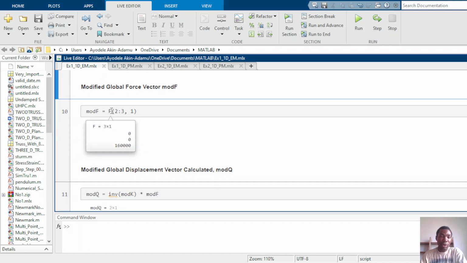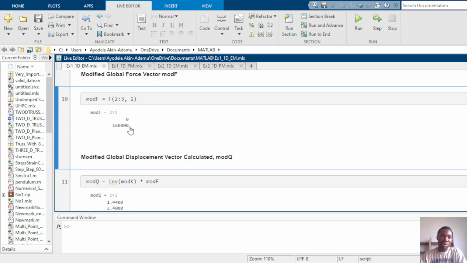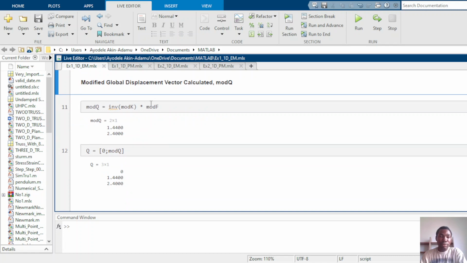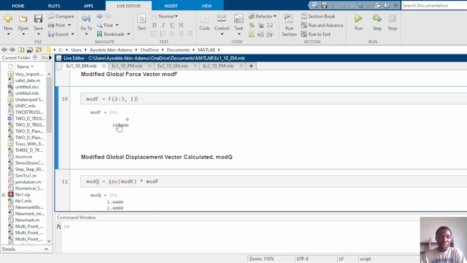For F, which is our global force vector, you open bracket between row 2 to 3, comma, column 1. This MATLAB code extracts the two elements between row 2 and 3, which is 0 and 160,000 Newton, into mod F. So now this is our modified global force vector.